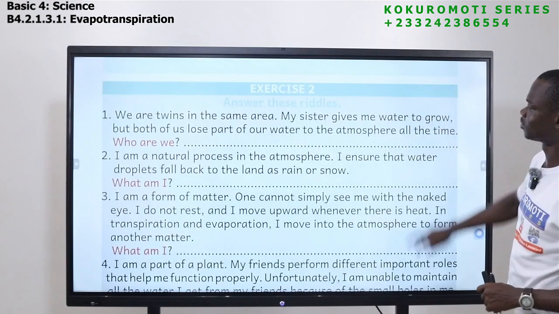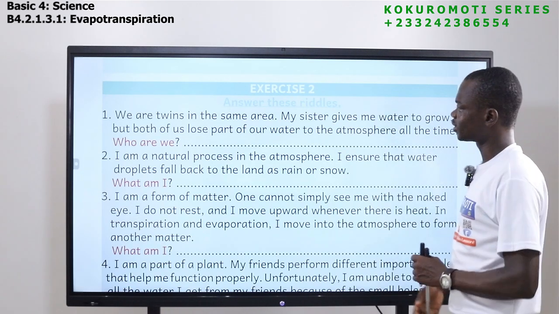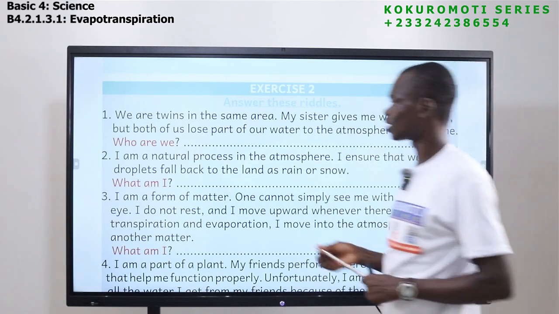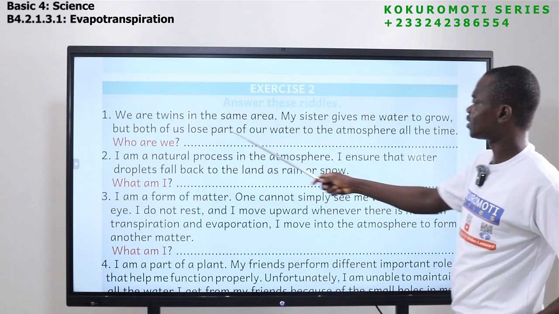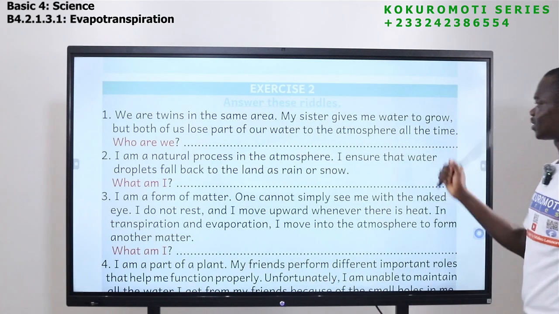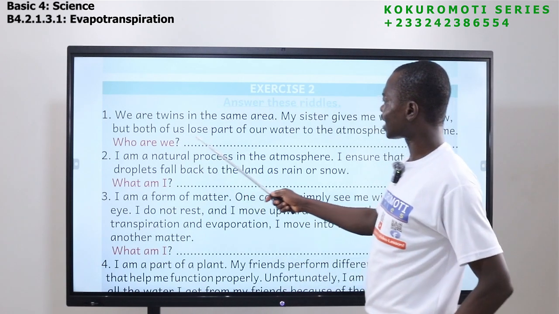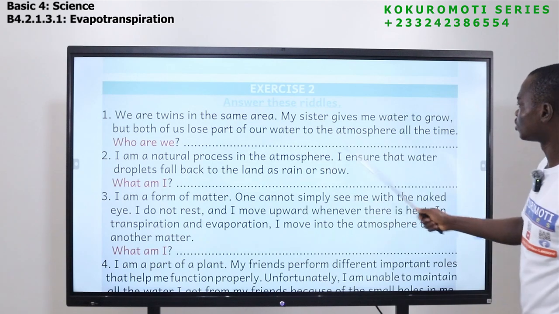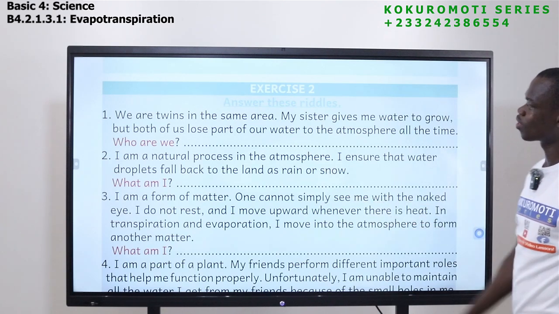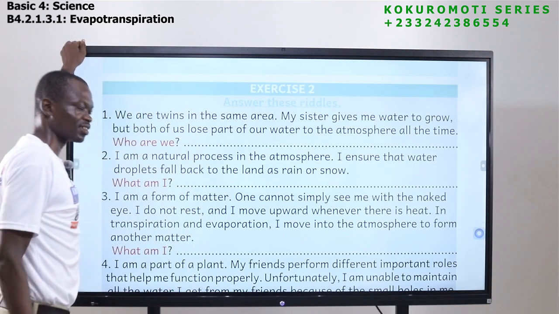Exercise 2 is in the form of riddles. Should I read it? Okay, so let me read the first one. Riddle number 1. We are twins in the same area. My sister gives me water to grow, but both of us lose part of our water to the atmosphere all the time. Who are we? Hey, these people are twins.